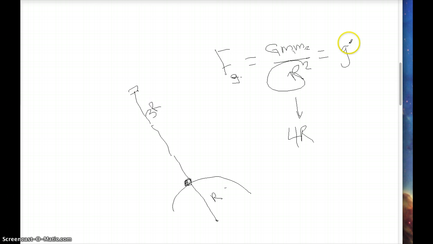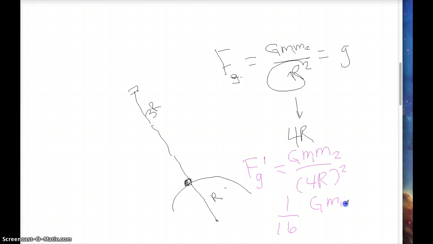What happens is, if we substitute, this new force is G, same masses, so we'll leave those the same, over 4r squared. This 4 gets squared, and you're left with a factor of 1/16.